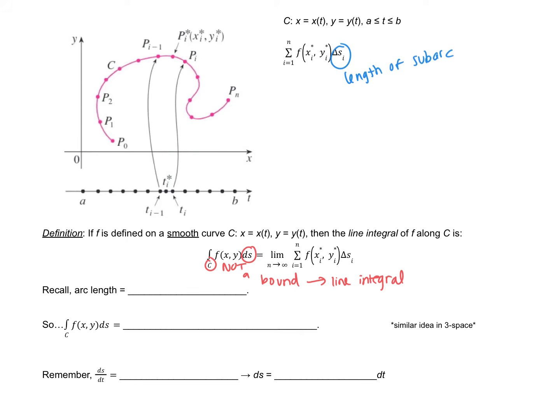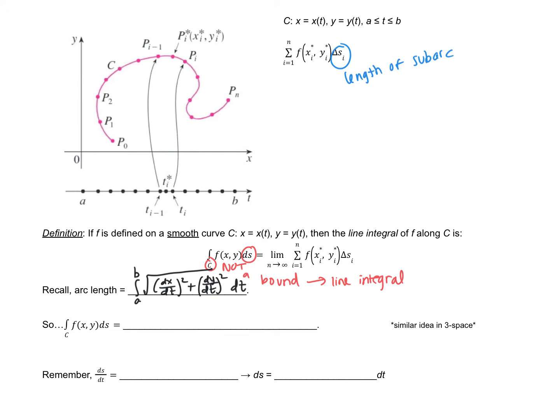Now, in order to talk about how we calculate that, we need to recall how to find arc length. So if we recall, arc length is the integral from a to b of the square root of (dx/dt) squared plus (dy/dt) squared dt.